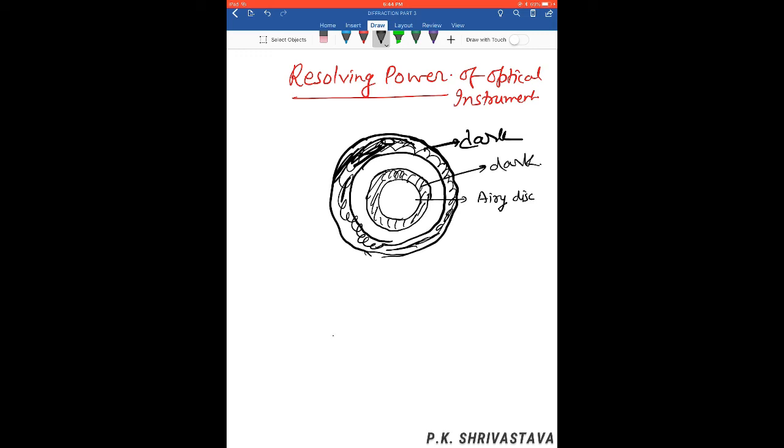So when two point objects are closer, suppose this is point object A and this is point object B, then their images, that is their diffraction patterns as seen through an optical instrument, will also be close and overlap each other.